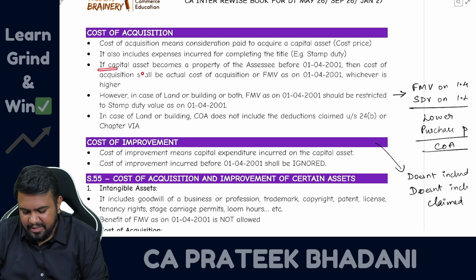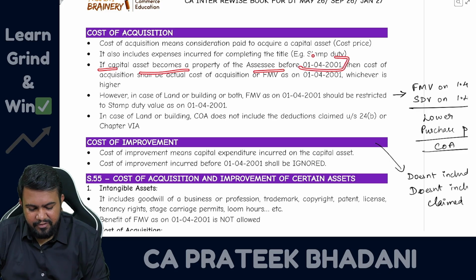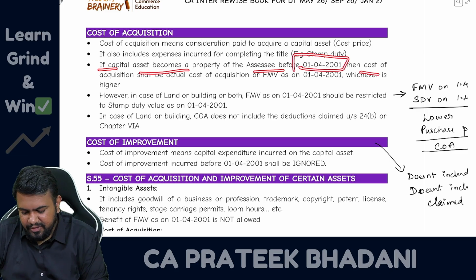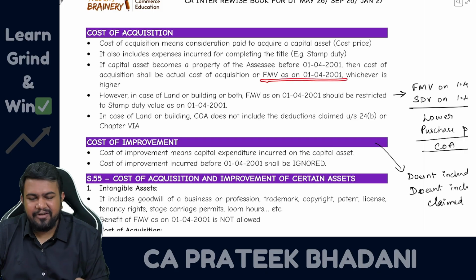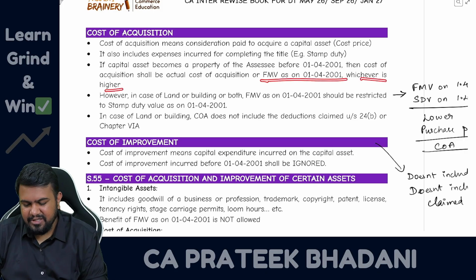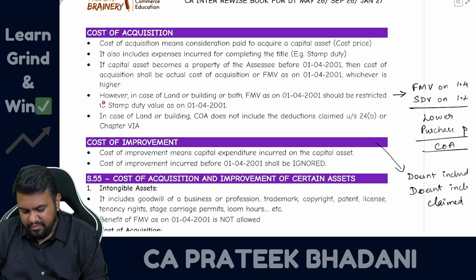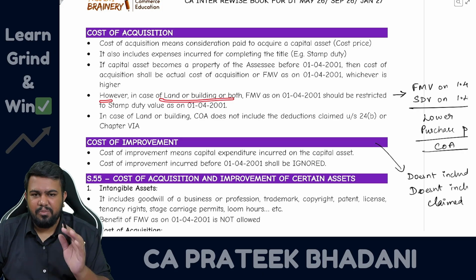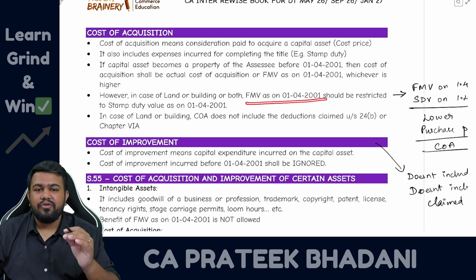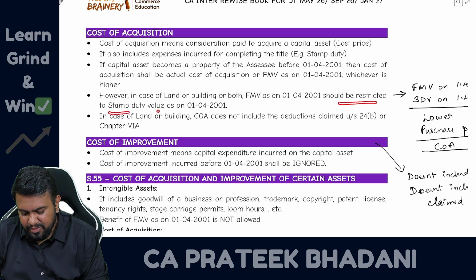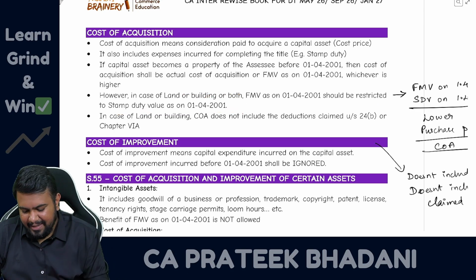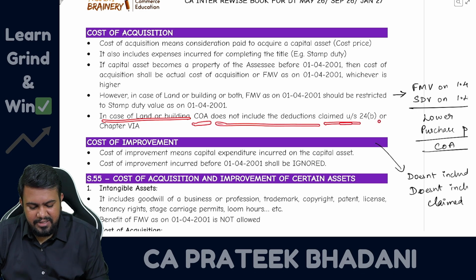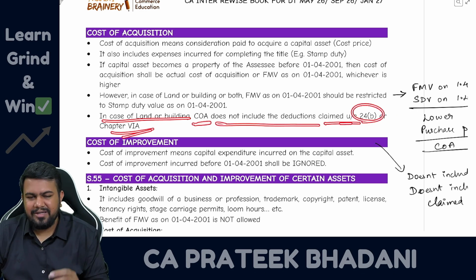If the capital asset becomes a property of the assessee before 1/4/2001, then the cost of acquisition shall be the actual cost of acquisition or fair market value as on 1/4/2001, whichever is higher. Fine. However, in case of land or building or both, the fair market value as on 1/4/2001 should be restricted to the stamp duty value as on 1/4/2001. This also I told you. And lastly, in case of land or building, cost of acquisition does not include the deductions claimed under section 24B or chapter 6A.